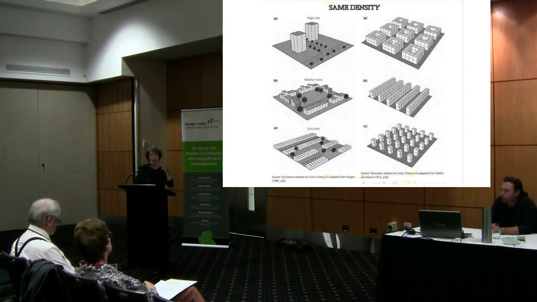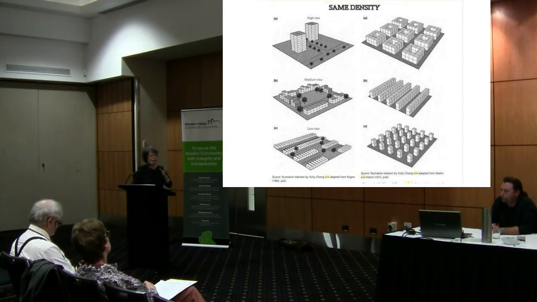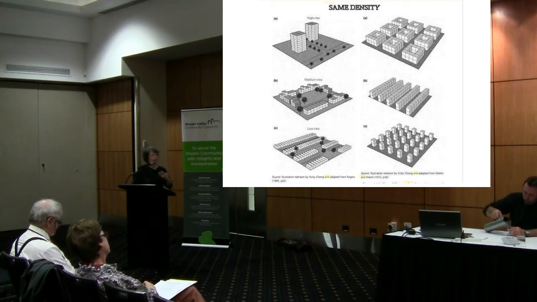So the building is the positive space, with its floors and elevations. But what happens between the buildings is the most important part of high density planning, and that is not only at the ground level, but if the buildings are high, also the space between the buildings at the higher levels.